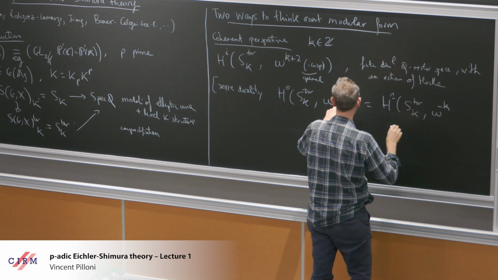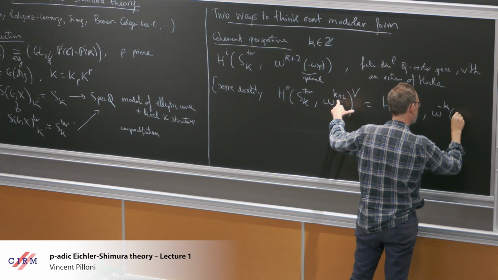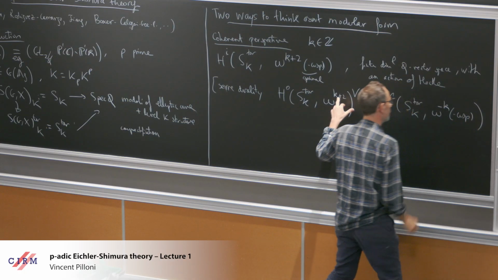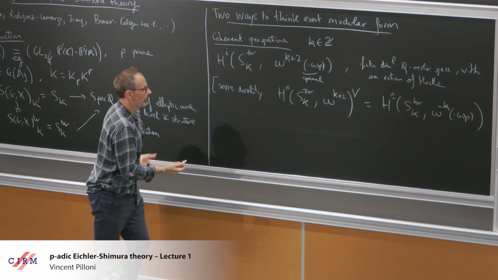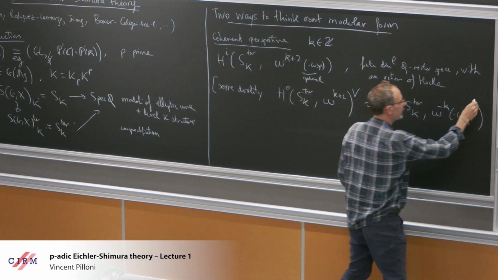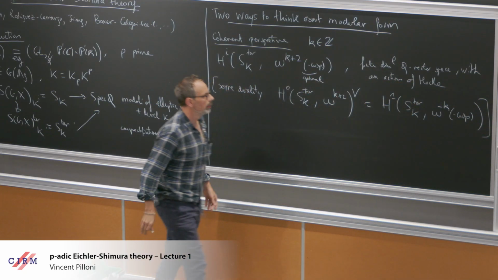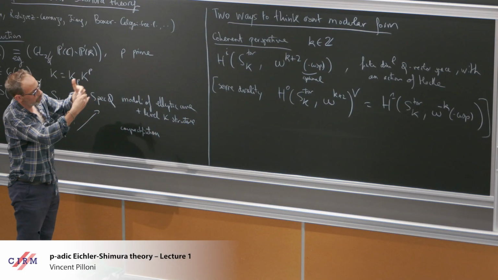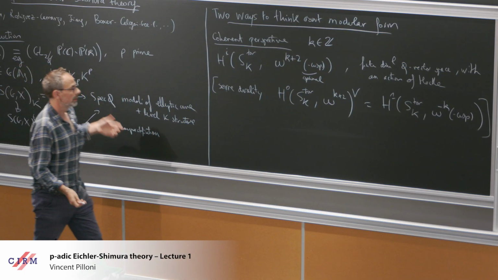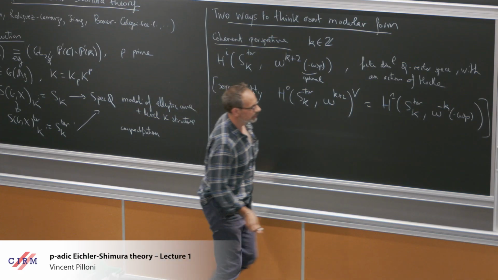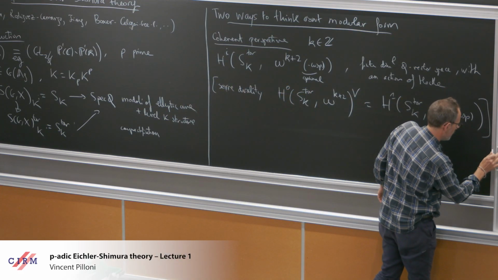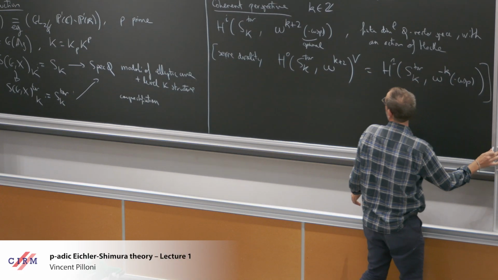I'm in weight k+2, I go to weight minus k, and then I have to add minus k. So in this case it may not be so interesting to consider simultaneously all degrees of cohomology, but for other Shimura varieties this can be interesting.